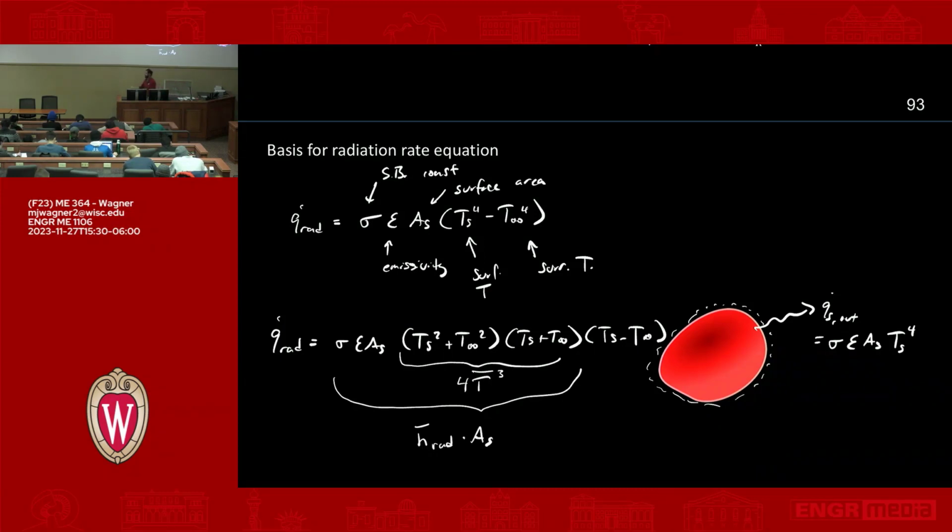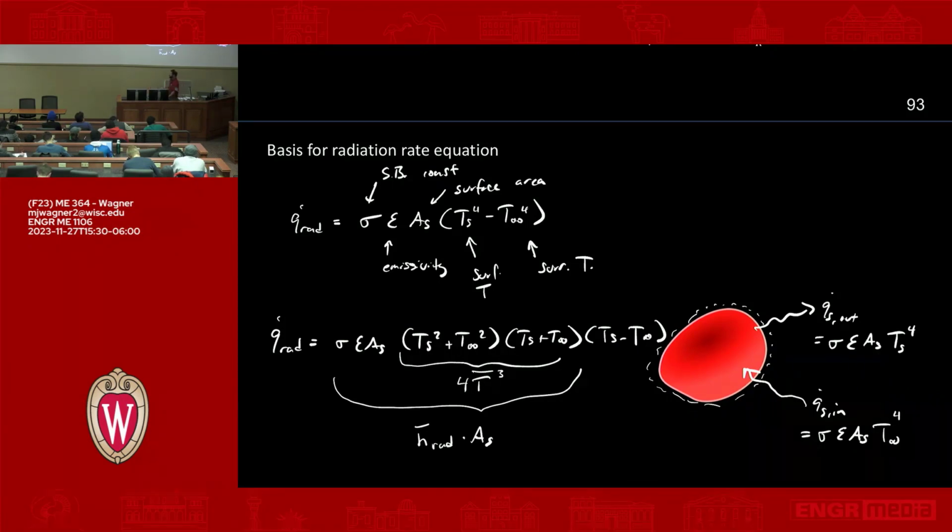There's radiation exchange happening between this hot thing and its surroundings. The surroundings are emitting something back, maybe at a longer wavelength. This would be Q dot S in, and that would be equal to sigma epsilon A_S T infinity to the fourth.